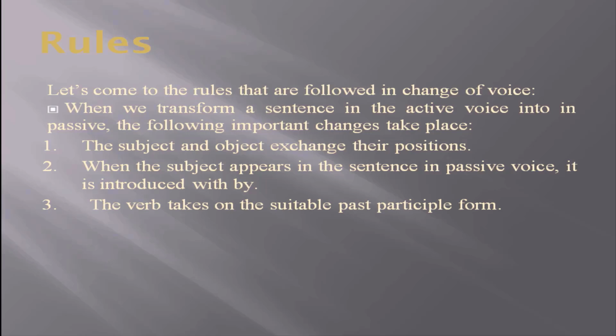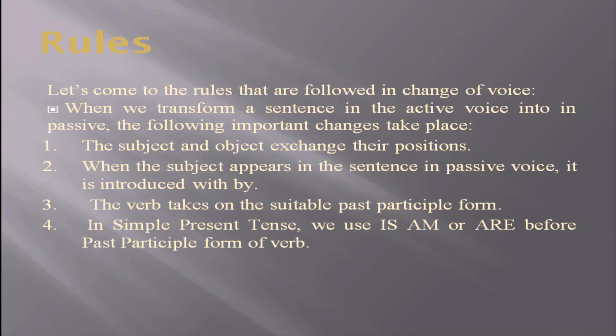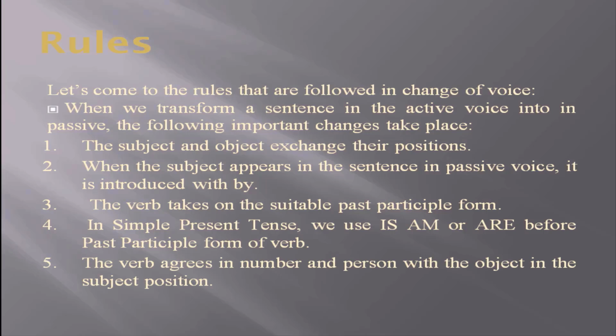Number 3. The verb takes on the suitable past participle form. Number 4. In simple present tense, we use is, am, or are before past participle form of verb. Number 5. The verb agrees in number and person with the object in the subject position.